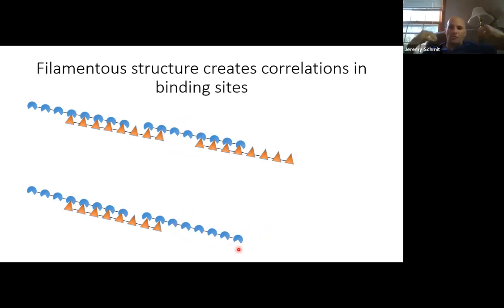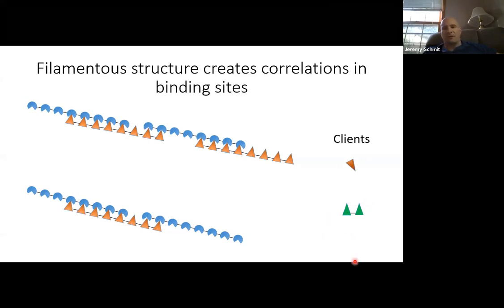So you've got these correlations in where your available binding sites are, and this becomes particularly important when you start to introduce clients of different valence in the system. They used monovalent clients, they used divalent clients, and they even used trivalent clients. I'll show you those on the next slide here.